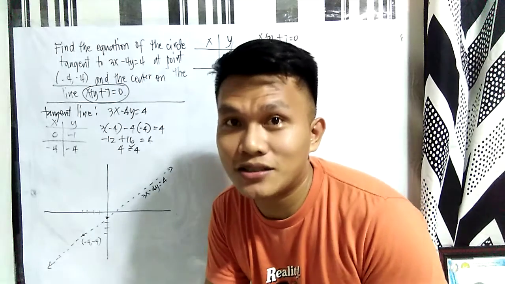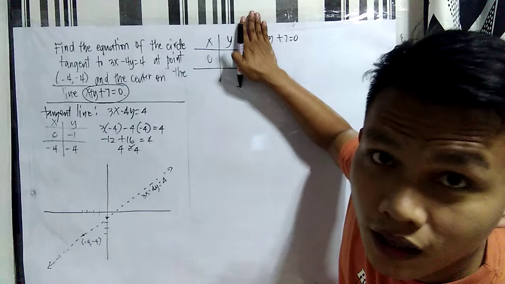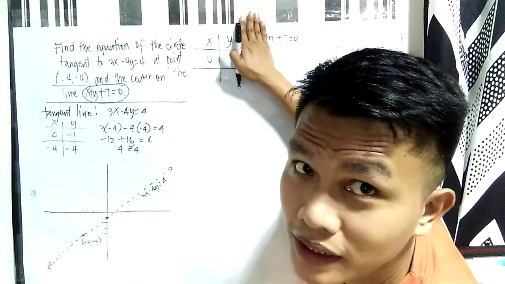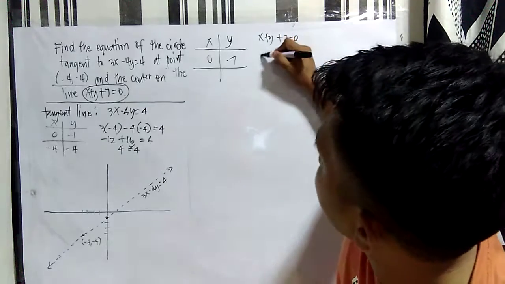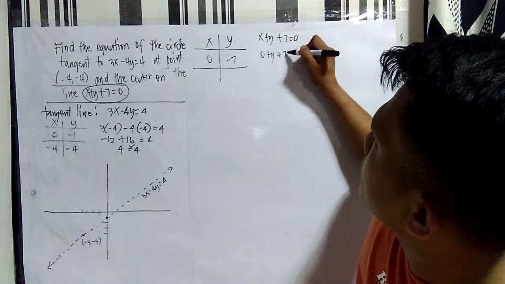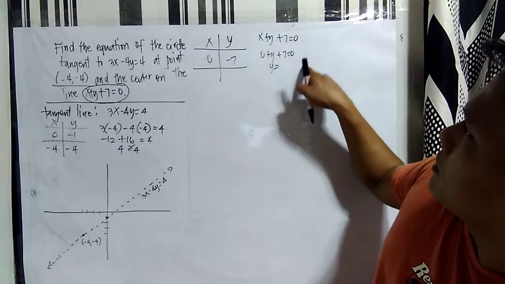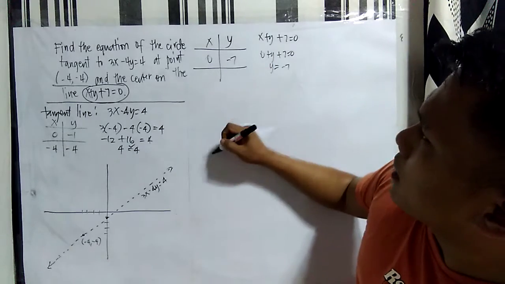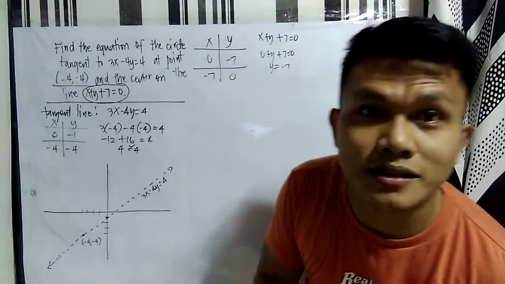na dadaanan ng circle. Okay, so if x is 0, the value of our y will be negative 7. Paano? Magiging 0 plus y plus 7 equals 0. y equals, ililipat mo si positive 7, negative 7. So the same thing, if y is 0, this will be negative 7.